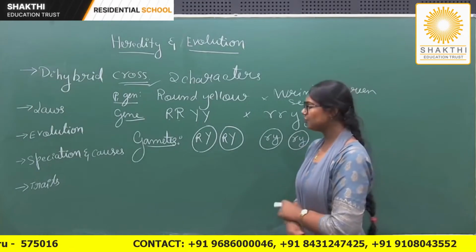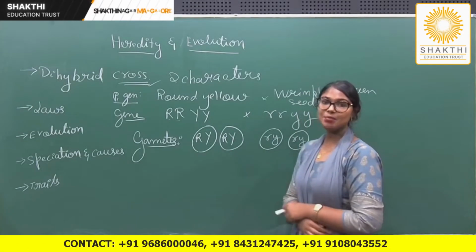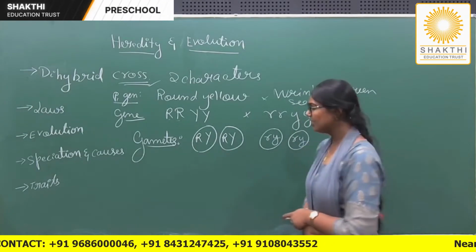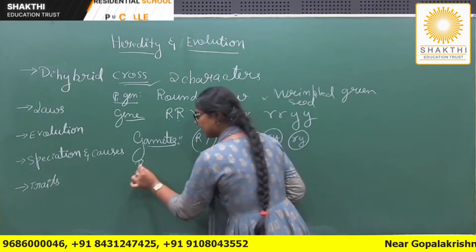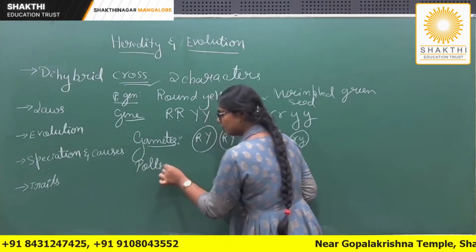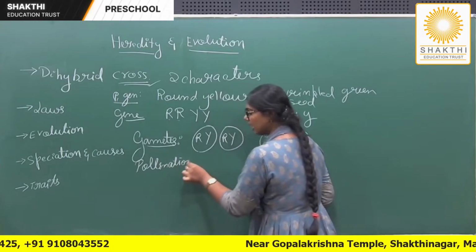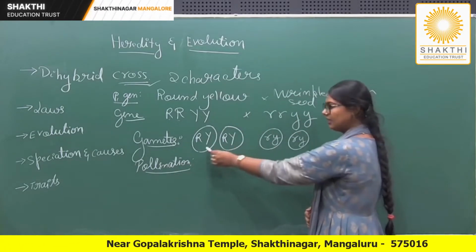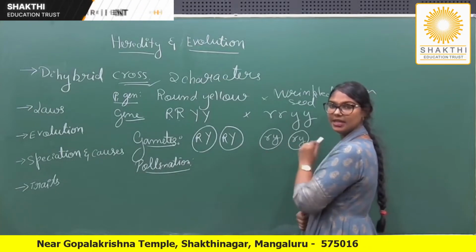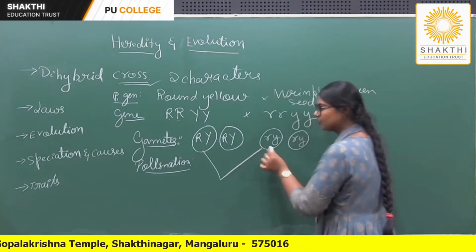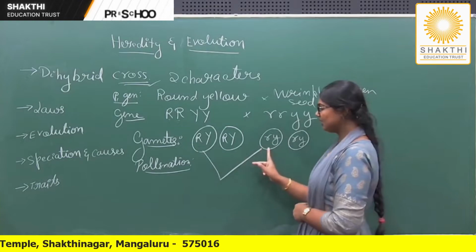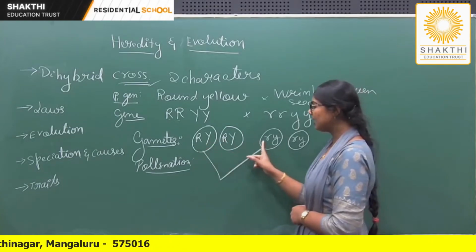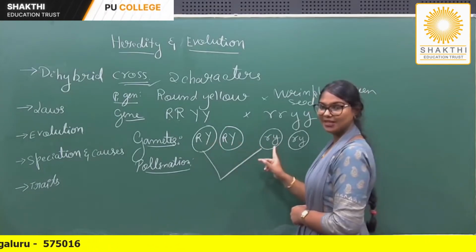Next, what did we do? Pollination. Mendel pollinates the flowers, correct? So, pollination takes place, and during pollination, we know that either this gamete can meet this one, this or this, and the same thing. So, we have four options, students. First gamete meeting the first gamete, that is capital R, capital Y, small y.